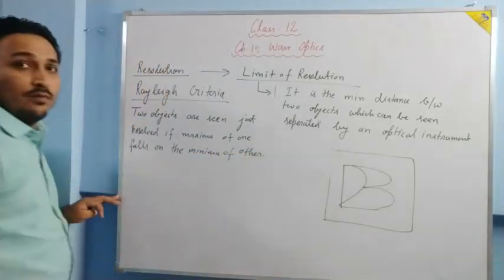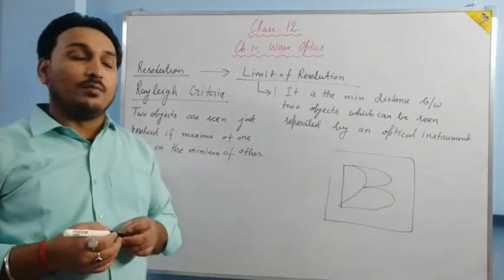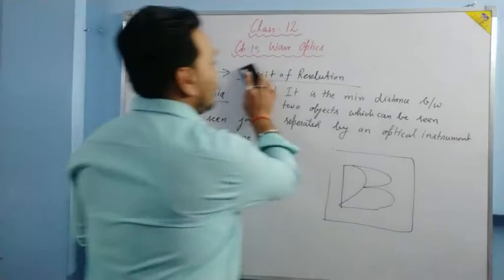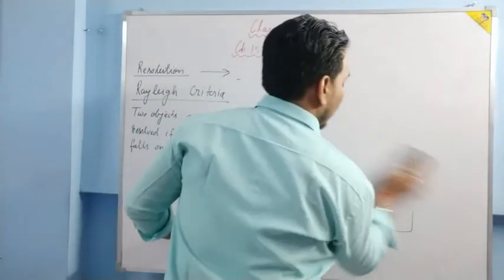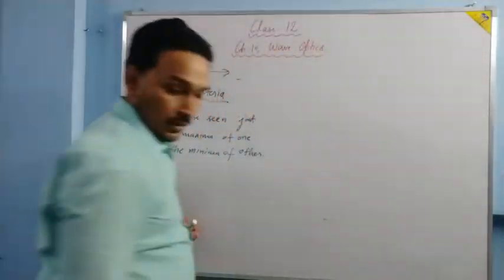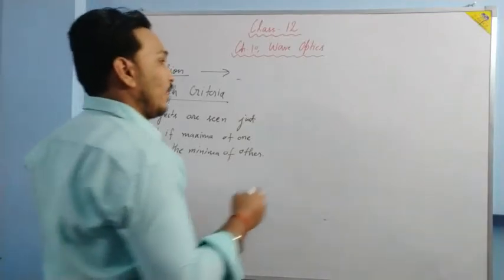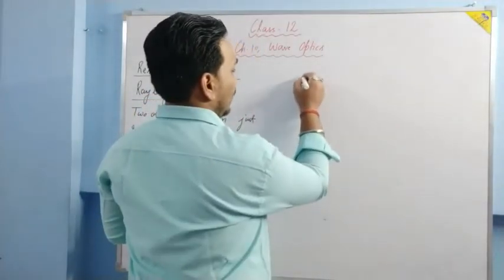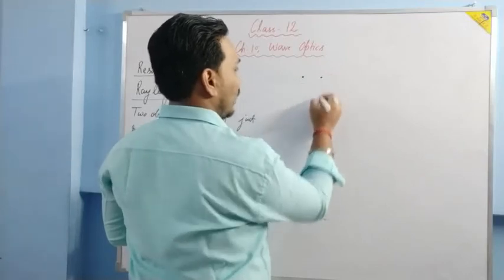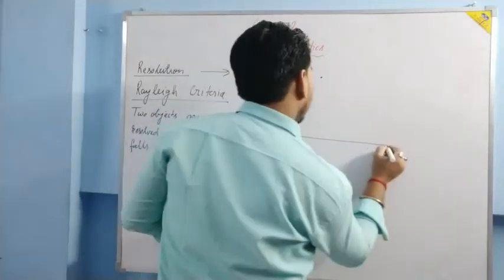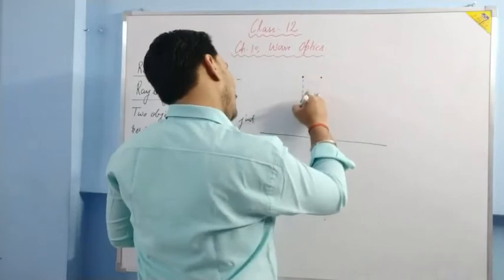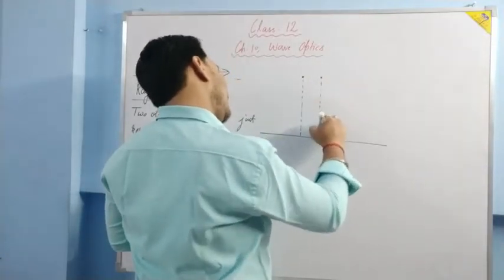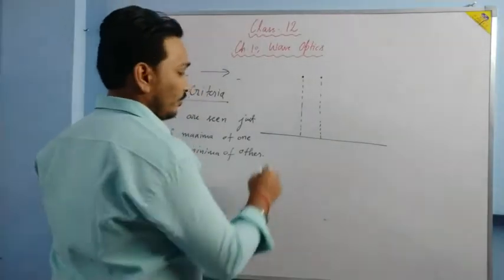If the maxima of one falls on the minima of the other. What does it mean? Let us see. It means that suppose these are the two objects and the human eye is trying to see these objects, then what happens?